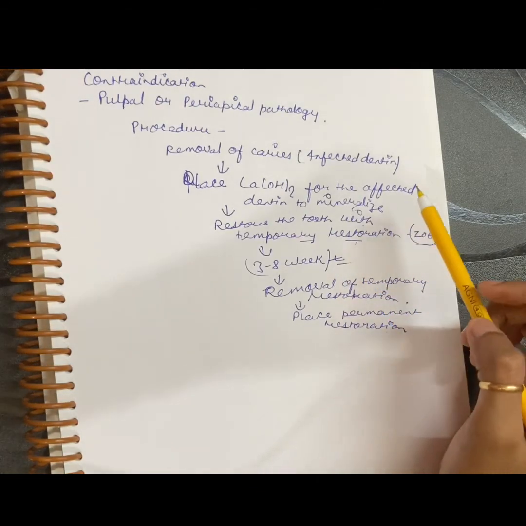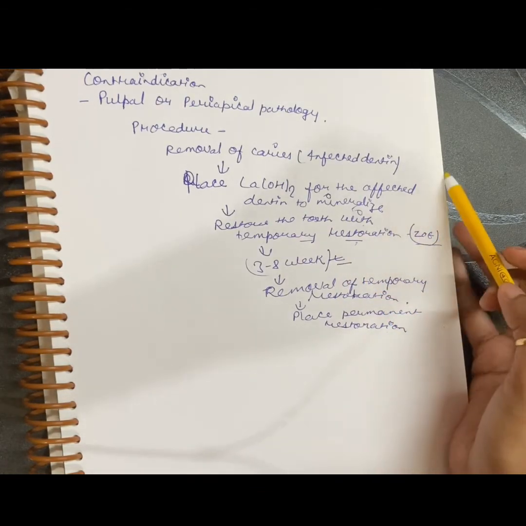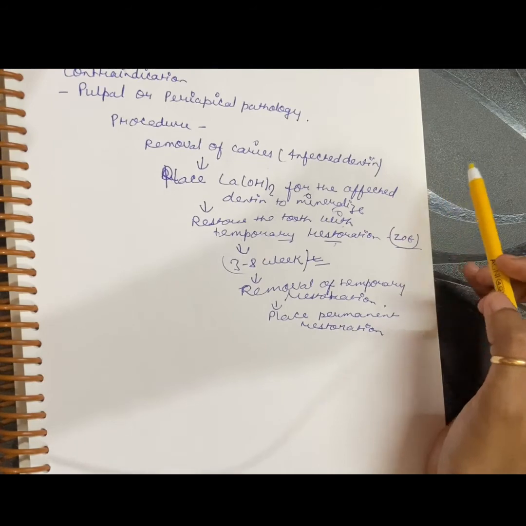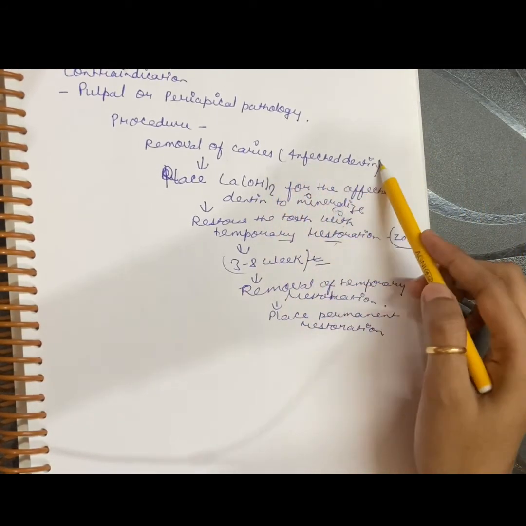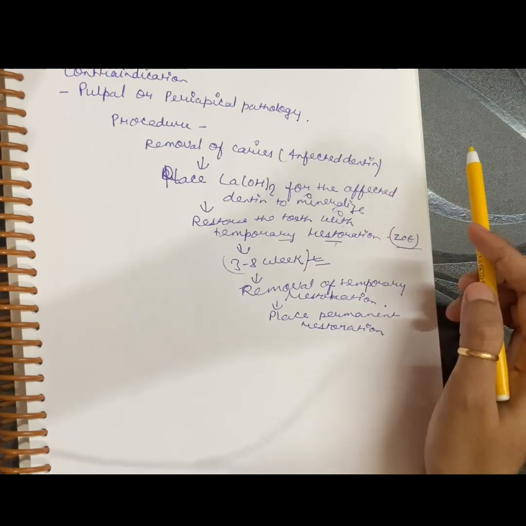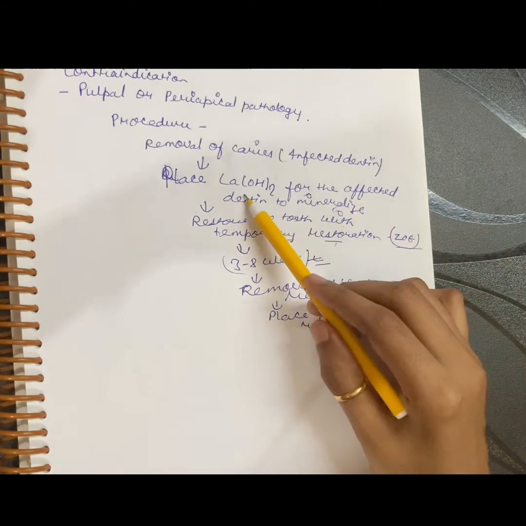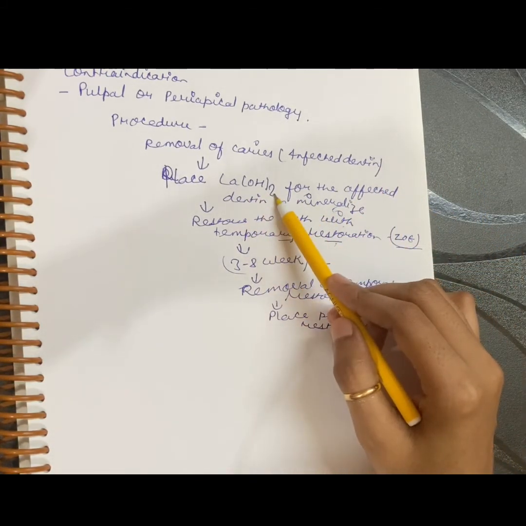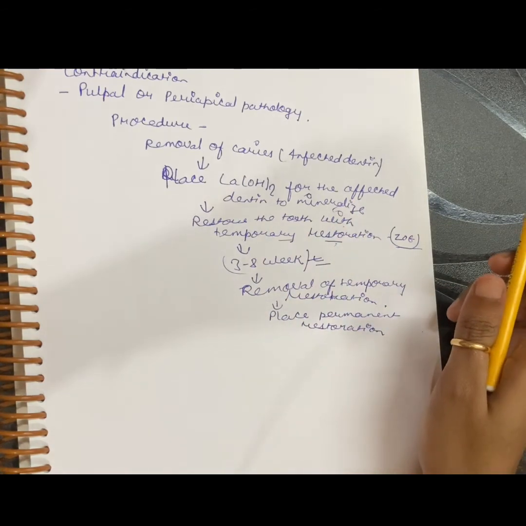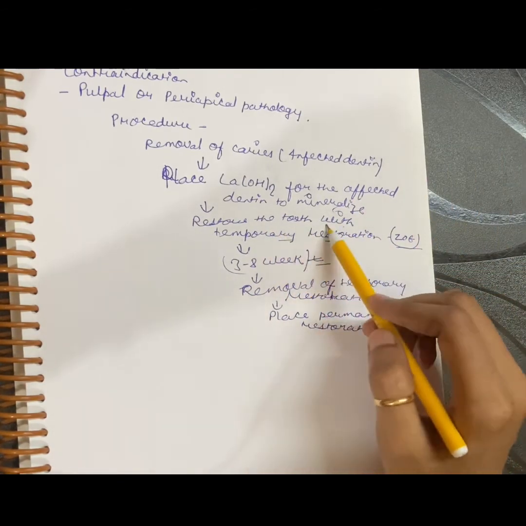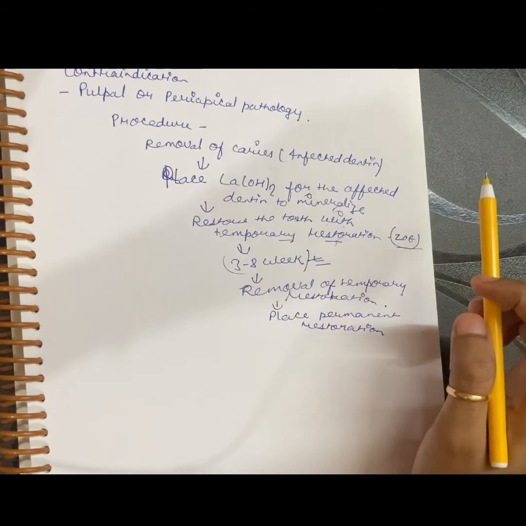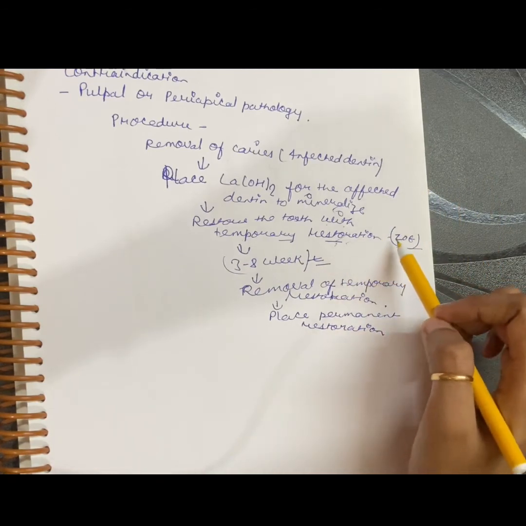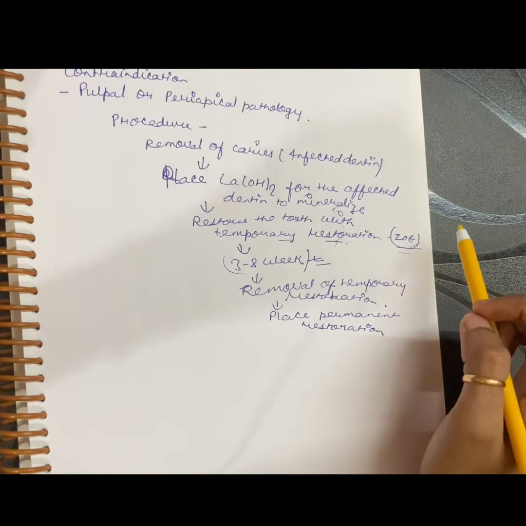Now, what is the procedure for indirect pulp capping? During the first visit, first you will remove all the infected dentine, leaving the affected one. Now, place calcium hydroxide for the affected dentine to get mineralized and restore the tooth with a temporary restoration, that is zinc oxide eugenol.